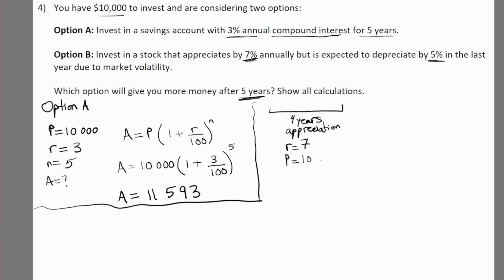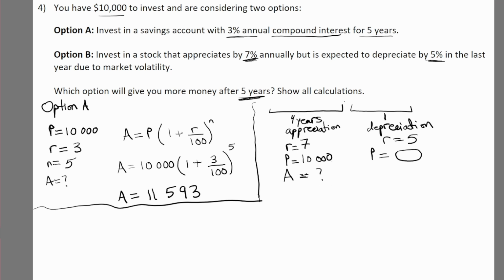Oh, 10,000, right? Now, for the final year, which is just going to be 1 year, we're going to be dealing with depreciation. And the depreciation rate is 5%. And the principal amount for this will actually be the final amount after the appreciation, right? So again, this is the same as the previous question.